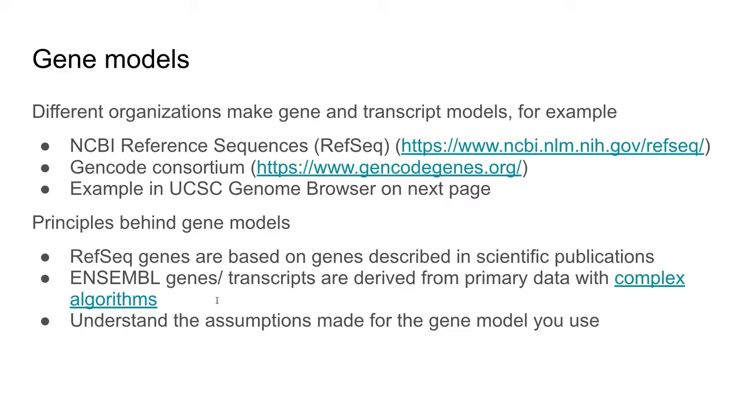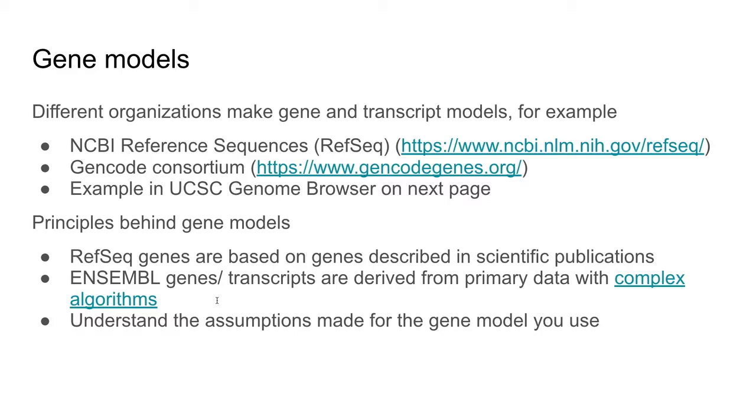And they come up with a much more fine-grained way of having genes with certain levels of confidence. So for example, genes can have a certain status that's kind of, we are not so sure about this one, or we're very sure about this one. Genes can have a certain protein coding potential, and so on and so forth.